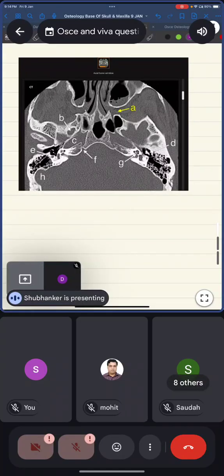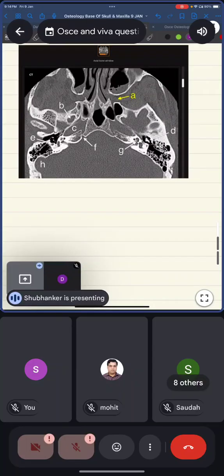Okay, so they might ask you what is A, B, C, D, E, F. I'll answer it because I've already seen it from Radiopaedia. I'm presenting the answer in front of you because it's an important section. This might be asked from you. A is your pterygomaxillary fissure.